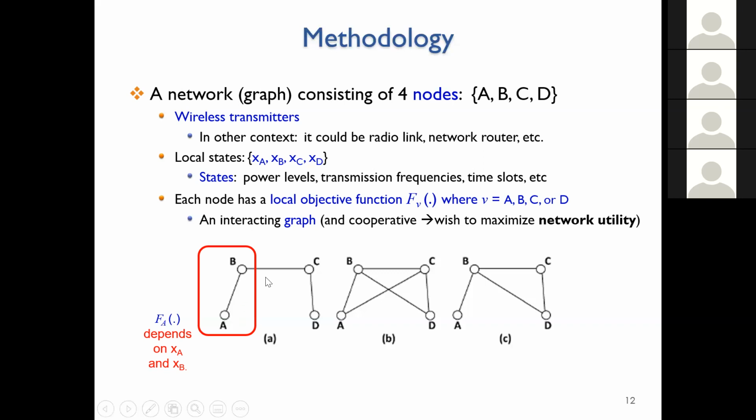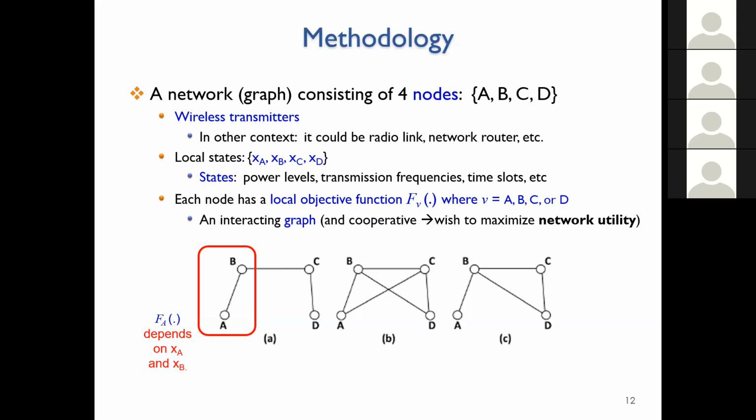The nodes A, B, C, D have a state. Here, state could mean the power level you transmit from the base station to the user. Let's denote them by XA, XB, XC, XD. Of course, this could mean frequency if we are doing another resource allocation.